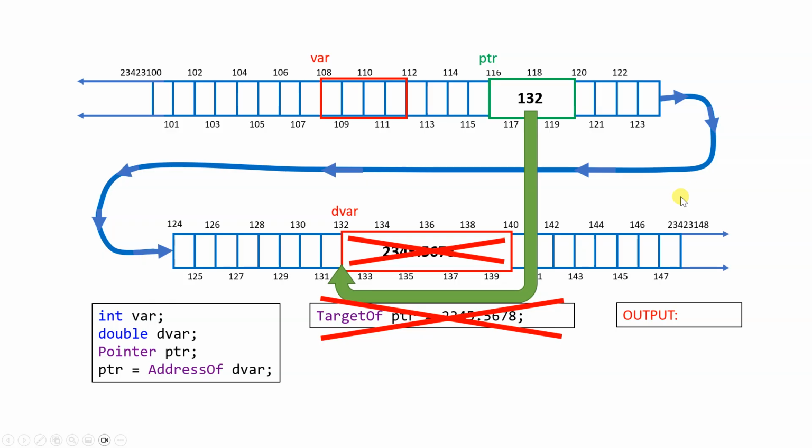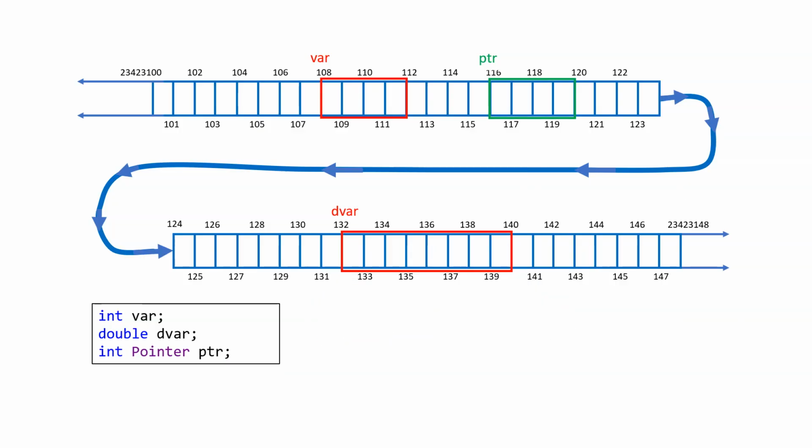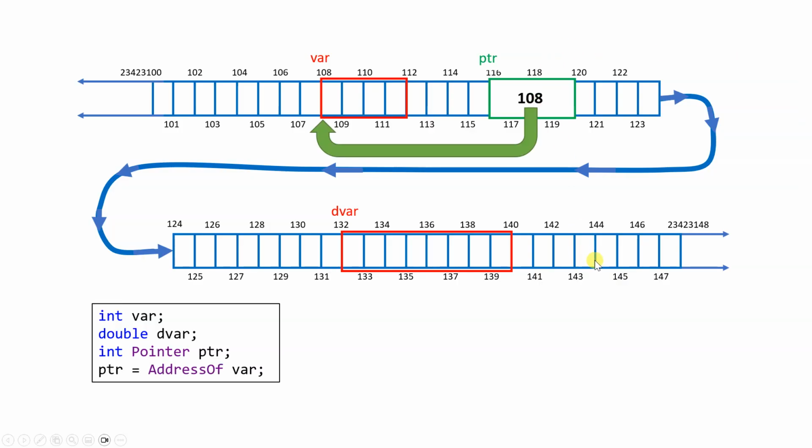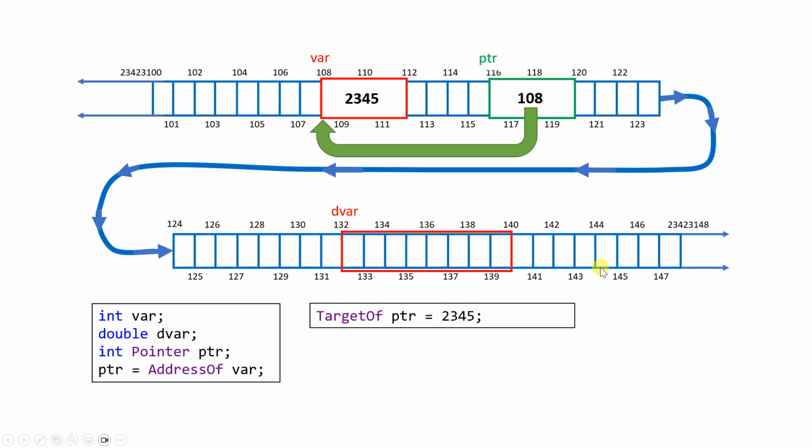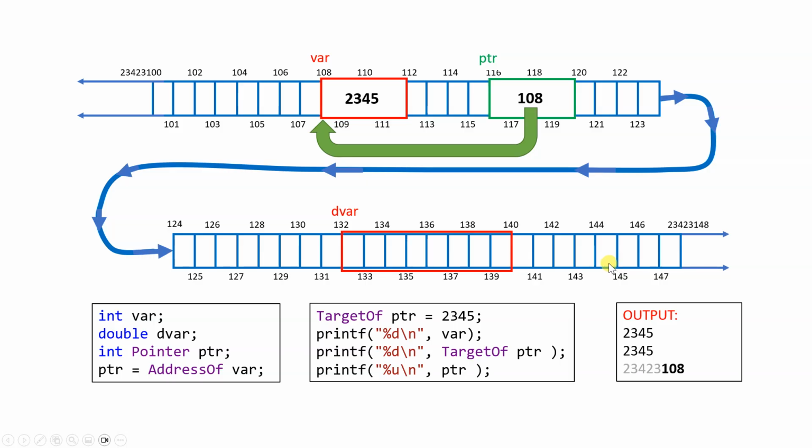To tell the compiler what type of a thing I'm dealing with, I have to correct this by saying integer pointer PTR, to tell the compiler, hey, what you are pointing to is an integer. Having said all that, now I can have the address properly set, and when I set the target, everything is good.